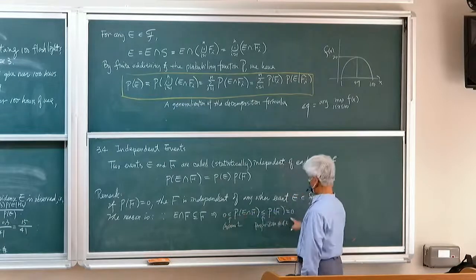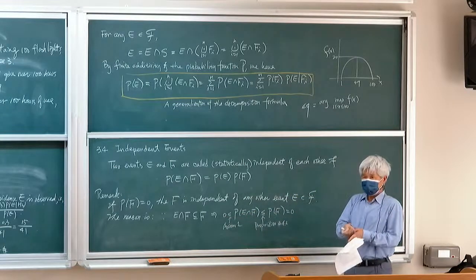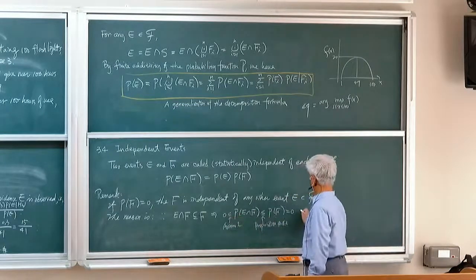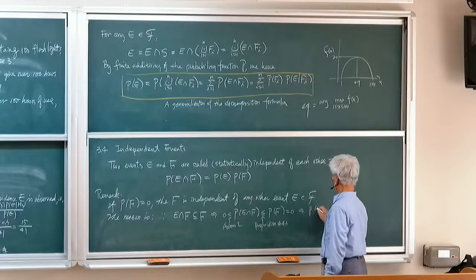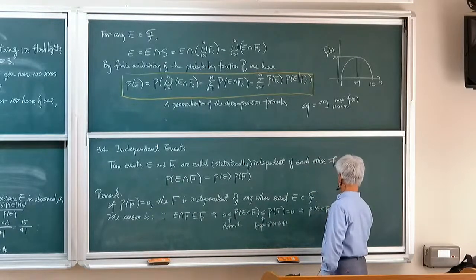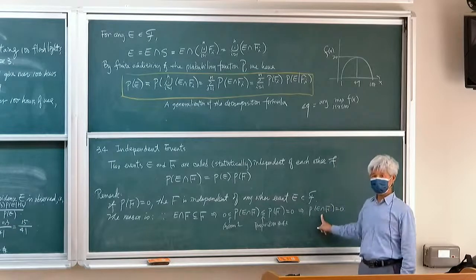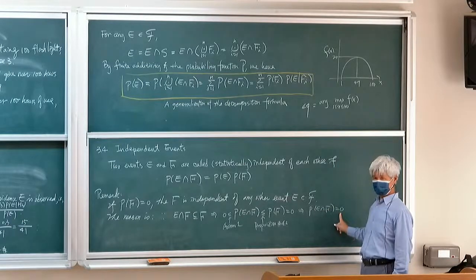By the sandwich lemma, the probability of the intersection of E and F is equal to 0 too.